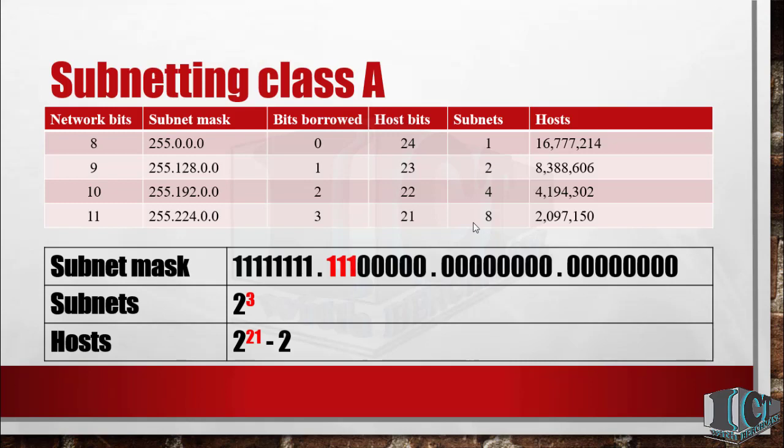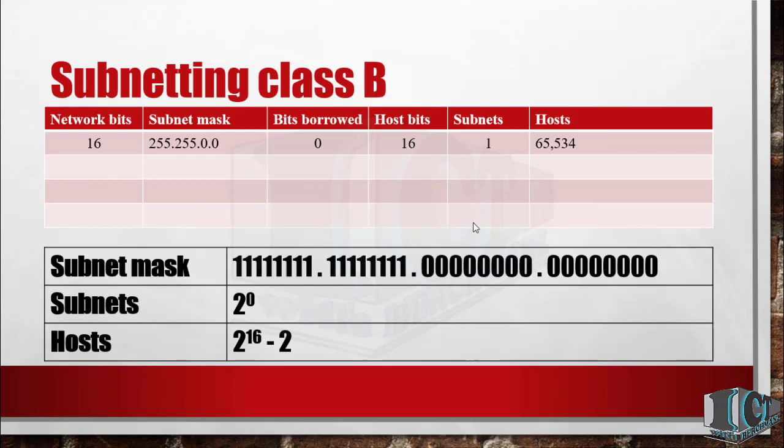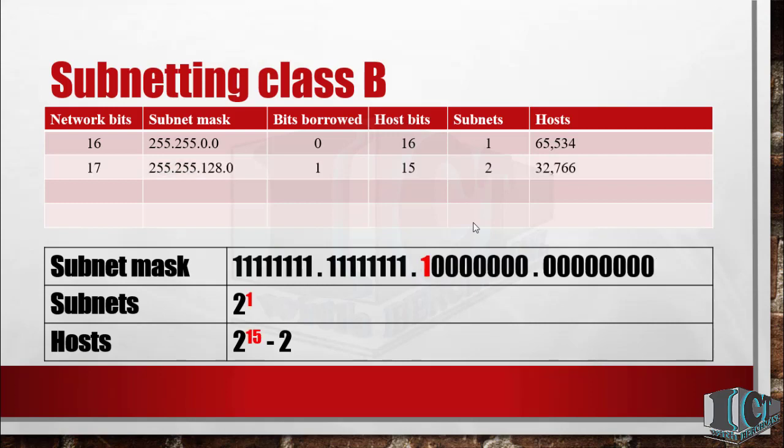In any class it would be the same. Let's see for class B how this works. The default subnet mask for class B is 255.255.0.0. We haven't borrowed any bits yet, and the number of hosts was 65,534 as in classful addressing. I borrow the first bit. Now the subnet mask changed to 255.255.128.0.